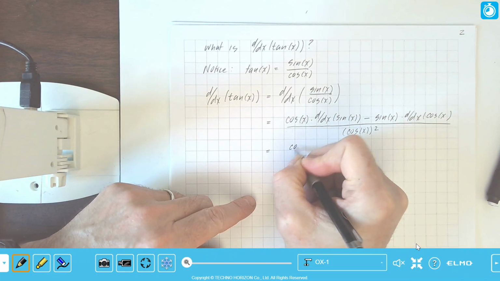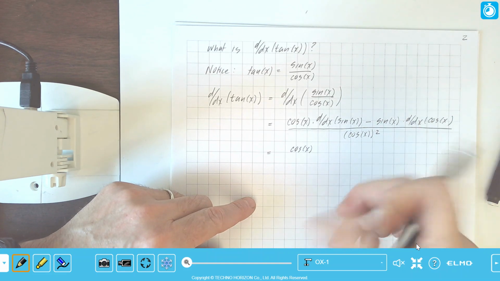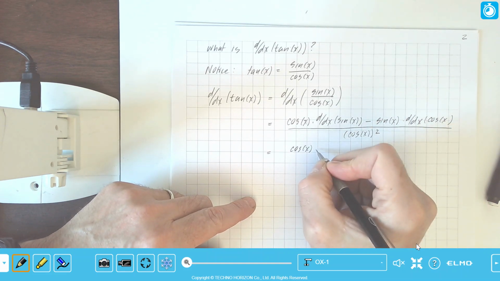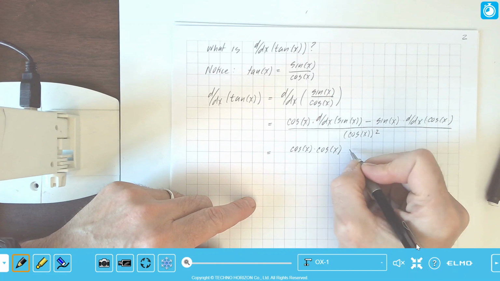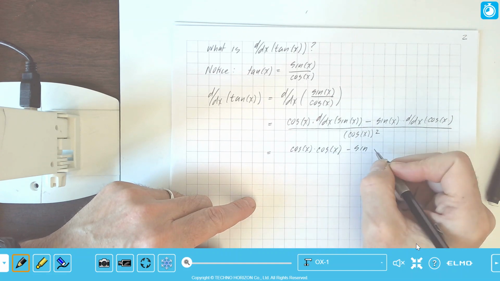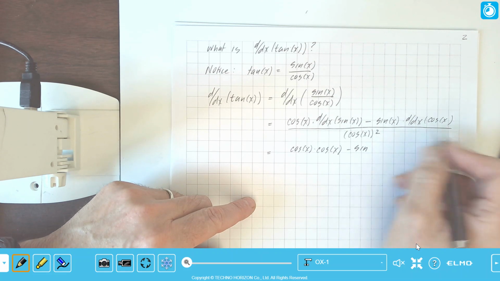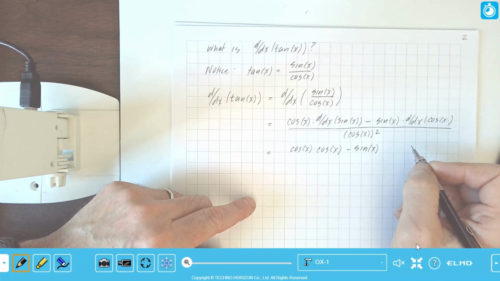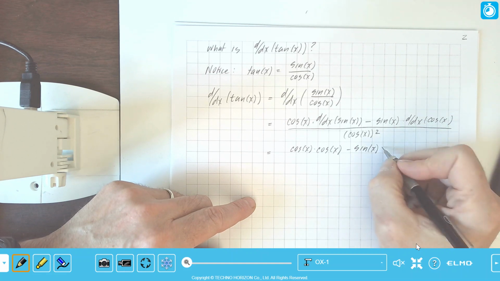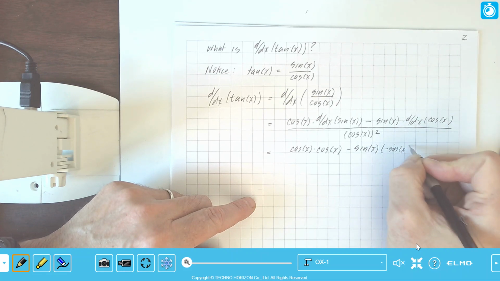On top we'll get cosine of x. The derivative of the sine is the cosine. So that times cosine of x. Here we get minus sine of x, and we take that times the derivative with respect to x of the cosine, and that's negative sine of x.